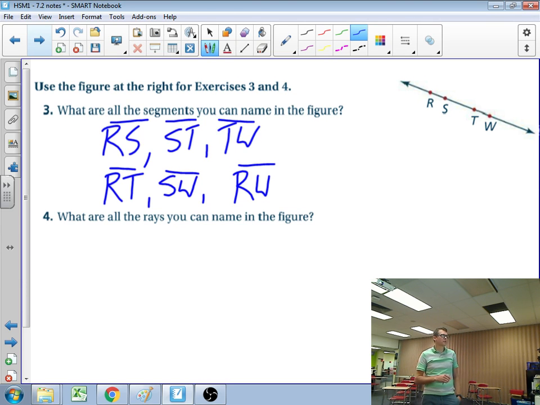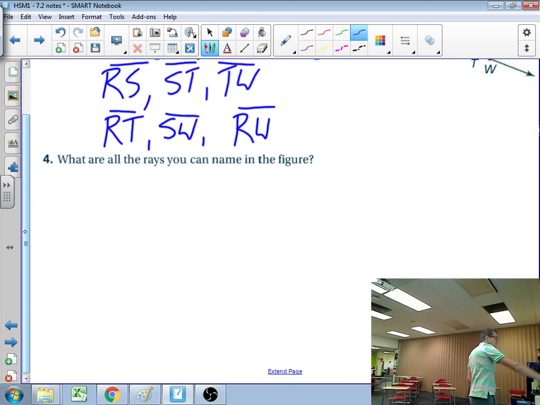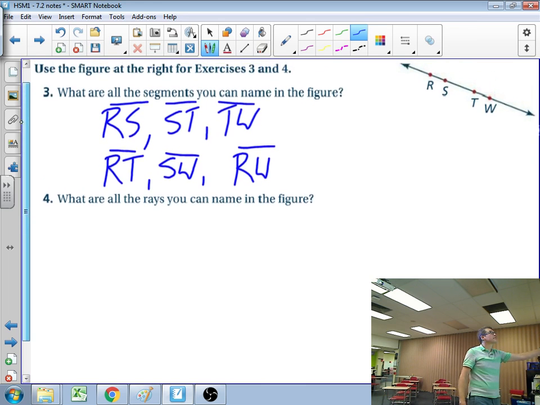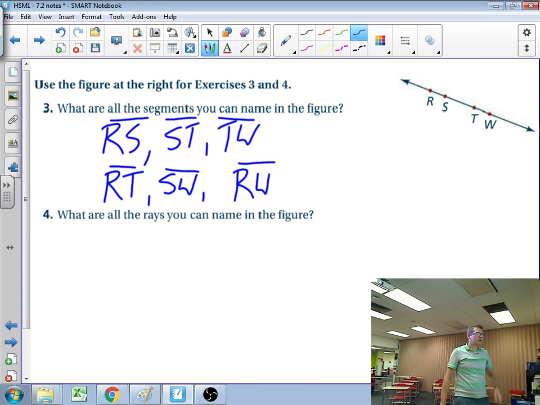And then what are all the rays that we can name in the figure? Well, this is going to be a lot. So, well, I can't scroll too far. So one ray, and of course, how you notate with the arrow determines what direction it goes.